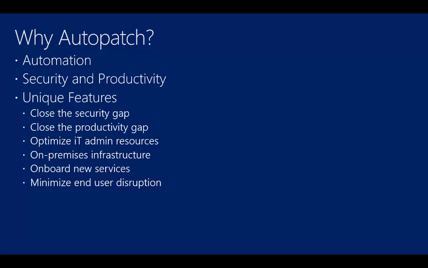Being able to onboard new services. So Autopatch makes it really easy to enroll and minimize the time required for your IT admins to get started on different things. And then also being able to minimize end user disruption.